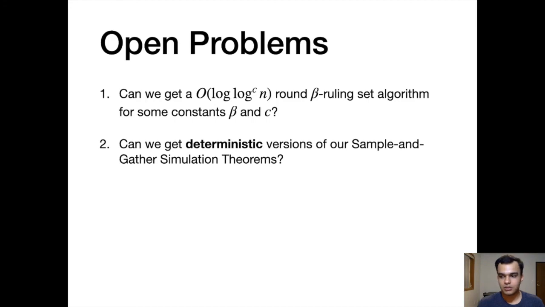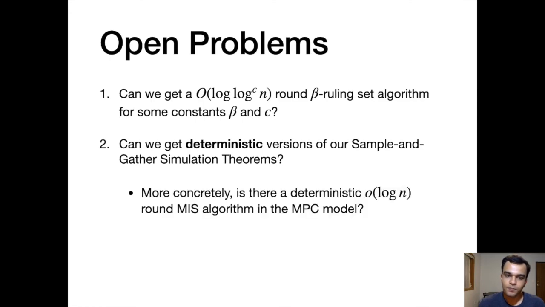Our simulation theorems are inherently randomized because they have this sampling step, and we need to use randomness to sample the vertices, but it might be interesting to see if we can de-randomize this process. More concretely, can we get a deterministic little o log n round MIS algorithm in the CONGEST model, in the MPC model?